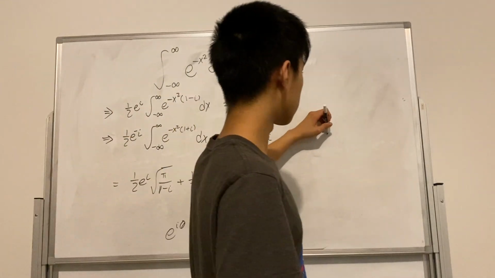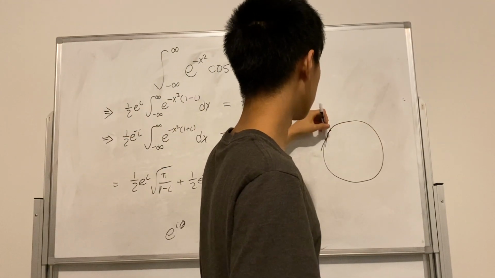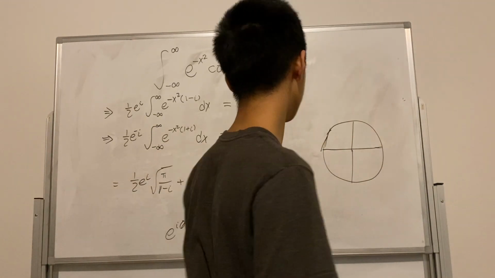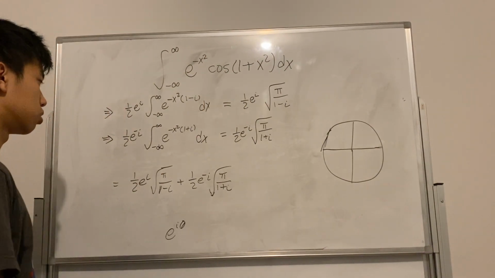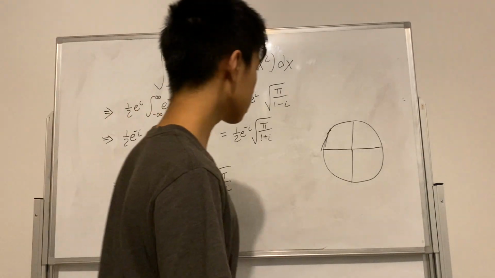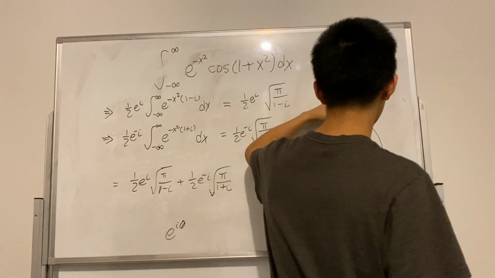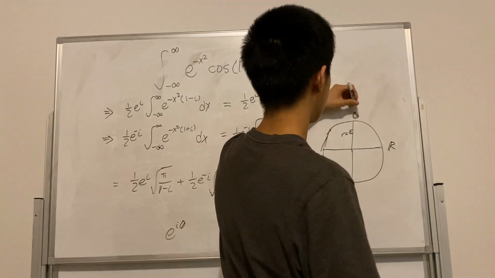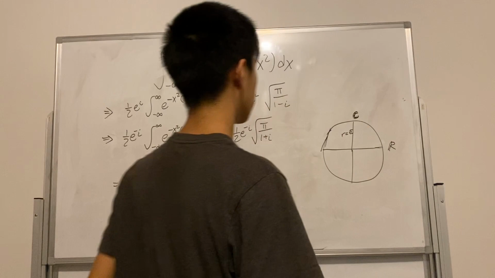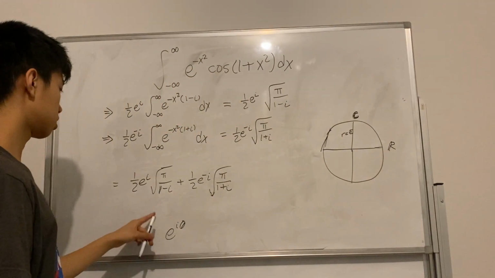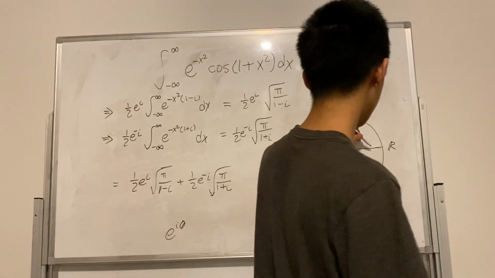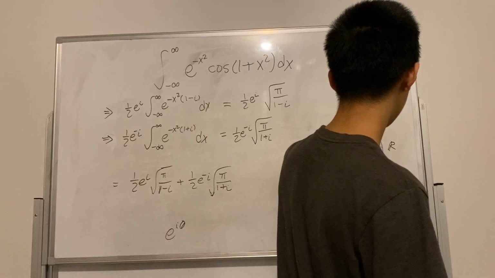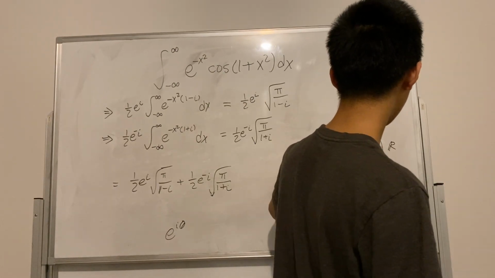So let's quickly draw a unit circle to determine this. You could probably figure it out without a unit circle, but I like to do it a bit geometrically. This circle is radius square root 2. This is complex, this is reals. So 1 minus I is probably here, negative I, 1.